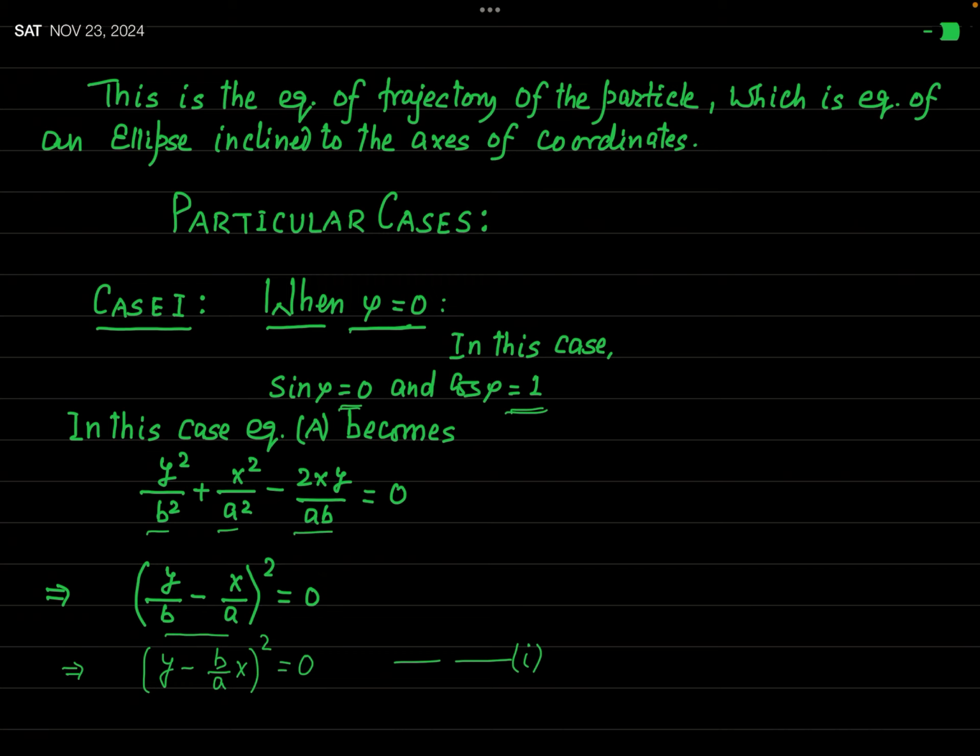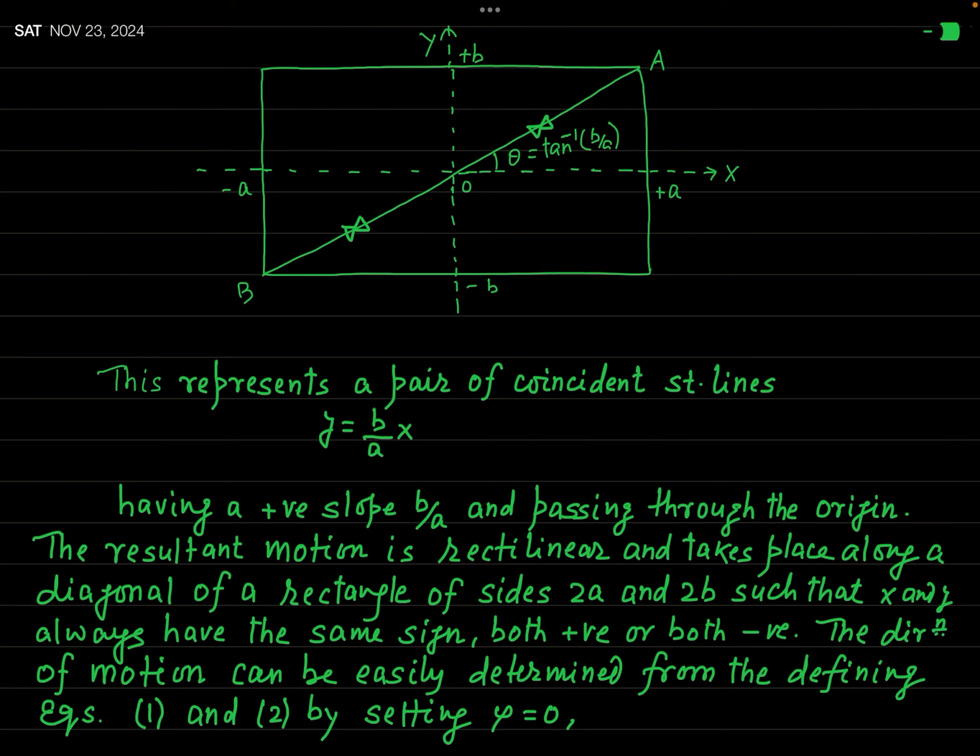If you take 1 over b square as a common constant factor, this result will be (y minus b over a times x) whole square equal to 0. Now you can see this equation, which I have numbered as 1, actually represents a pair of coincident straight lines whose equation will be y equal to b over a times x.